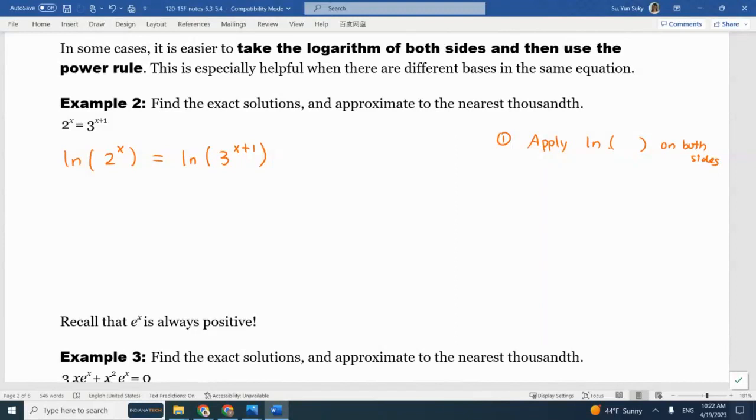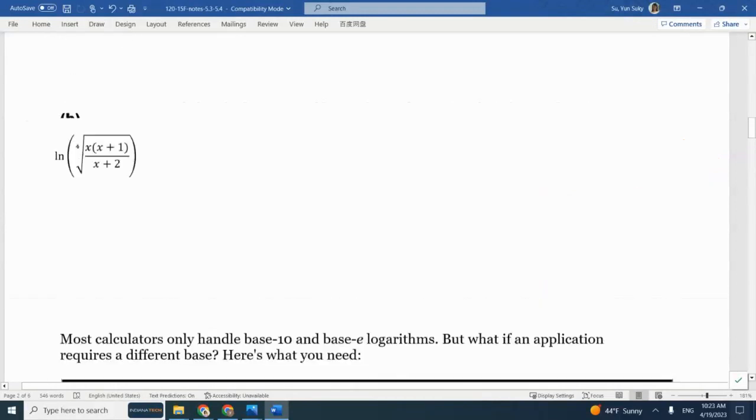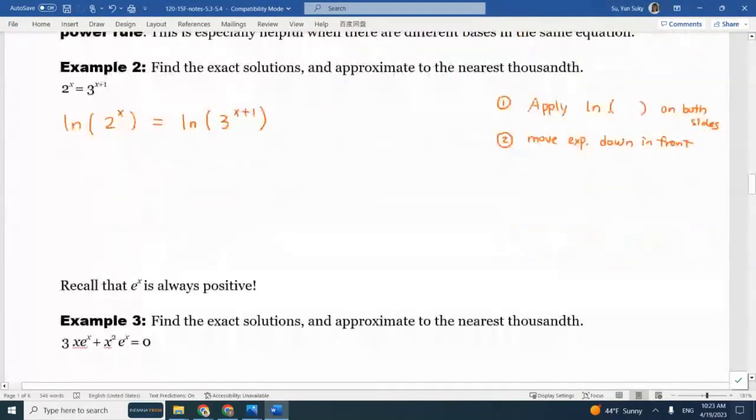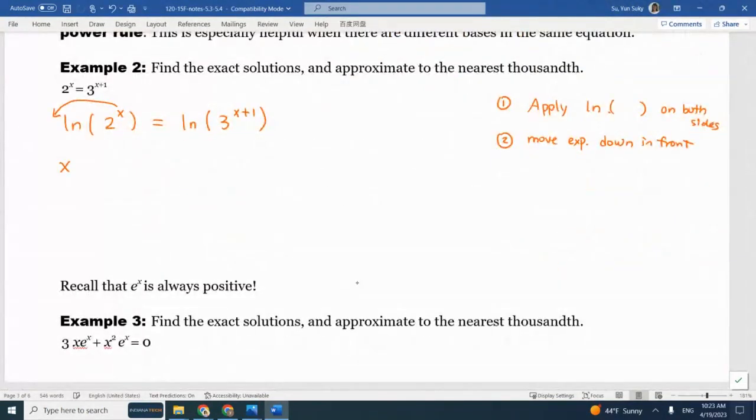Okay, and then use the log property. The log property says we can move the exponents down in front. Is that okay, everybody? Do you remember the log property, which is on your previous page here? You see, you can move the exponent down in front. So that's why here we can move the x down in front. We get x times ln of 2.